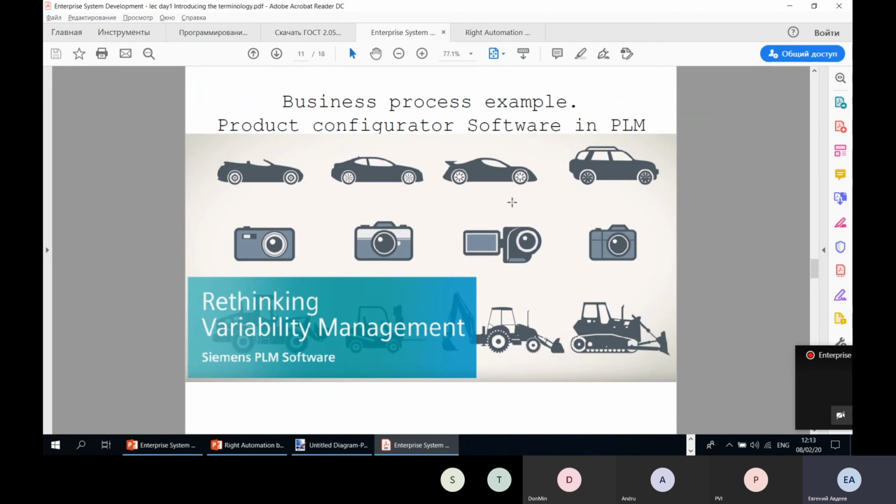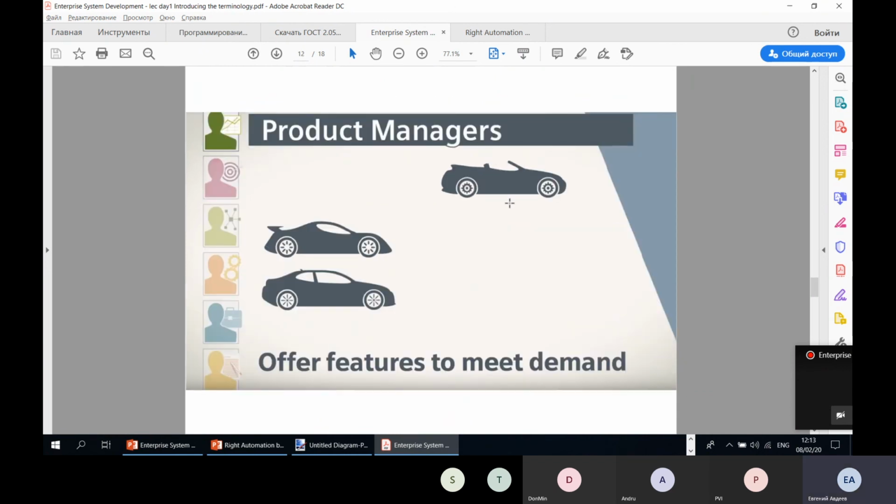So usually the business process of an enterprise is about all enterprise workers. So imagine we work with an automotive enterprise making cars, and the main business process of this company is to create cars and to sell them.